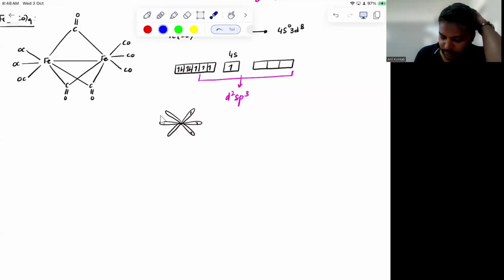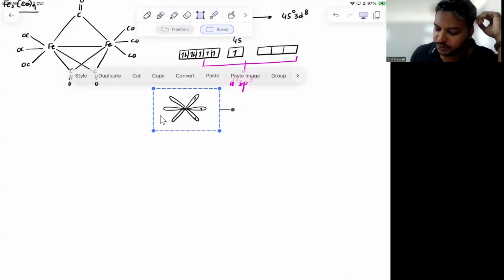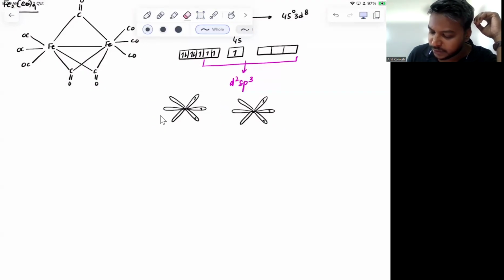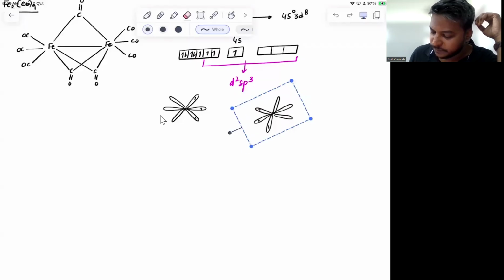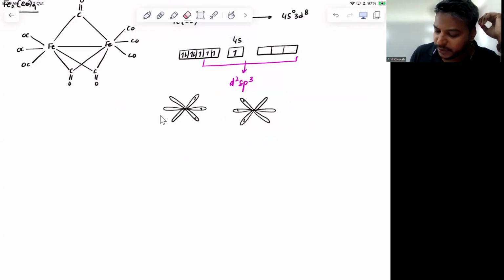Now if you compare, 3 only we should have, no? 3 have gone. Right. No, it's fine. So these 3 bonds we require. So I'll write the same 3 bonds on the other side. Now, as they start to overlap, this will go towards 1 C double bond O. Understood? This will go to 1 C double bond O. This will go to 1 C double bond O. Clear now?